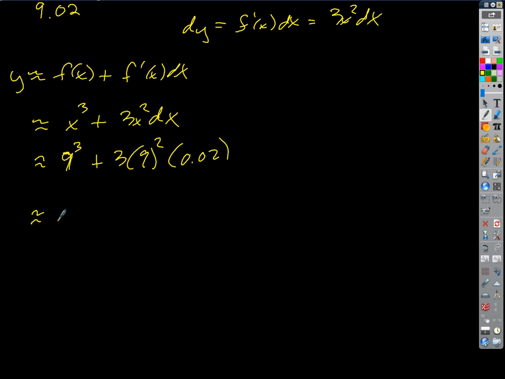So what's that give us? 9 cubed is 729, plus 3 times 81, what's that? 243. 243 times 0.02. Well, what's 243 times 0.01? 2.43 doubled, 4.86, right?